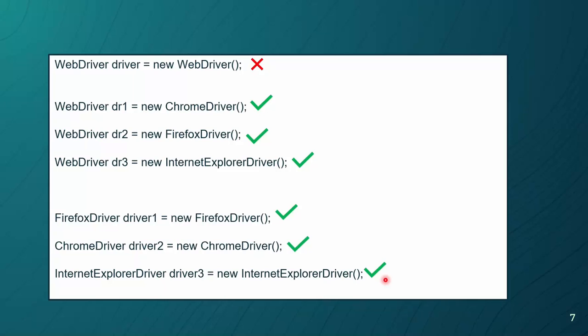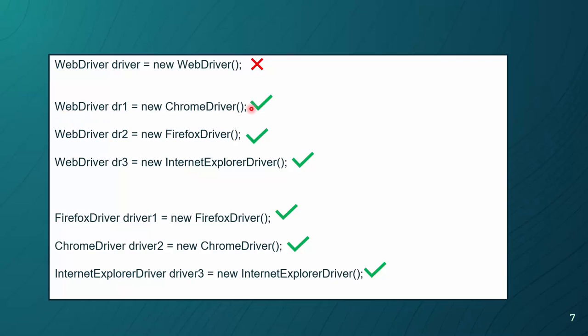Next we learned what the valid statements are that we can write when creating an object of ChromeDriver and how we can refer to it. Writing WebDriver driver is equal to new WebDriver, this command is wrong. We can write WebDriver driver is equal to new ChromeDriver, new FirefoxDriver, new InternetExplorerDriver.